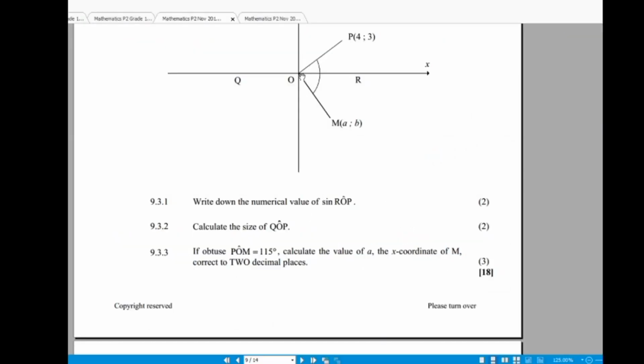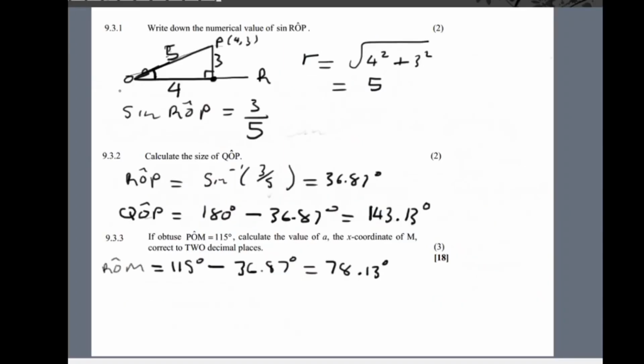Now we will have to drop a perpendicular line to the x-axis and have a triangle. So let me draw a sketch of that triangle. It will look like this.